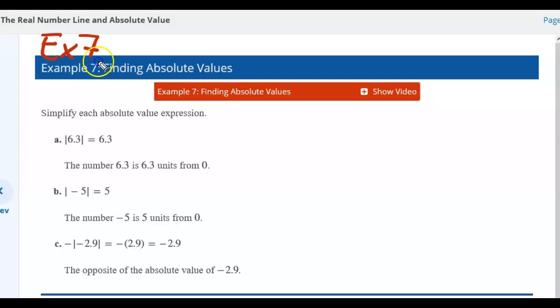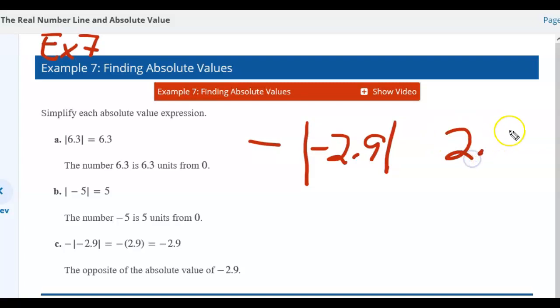Example 7, don't forget to include the example number. Absolute value of 6.3 is 6.3. The absolute value of negative 5 is 5. Now here's a little tricky. We have a negative sign in front and we have a negative 2.9 for example C. And the absolute value of a negative 2.9 is 2.9.